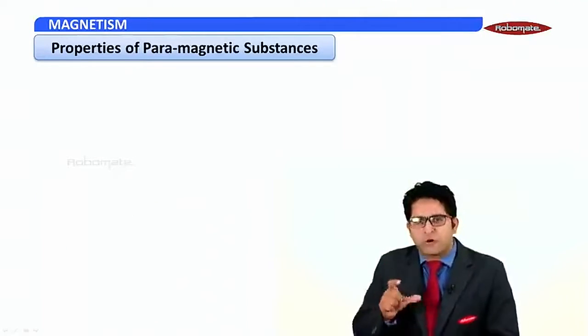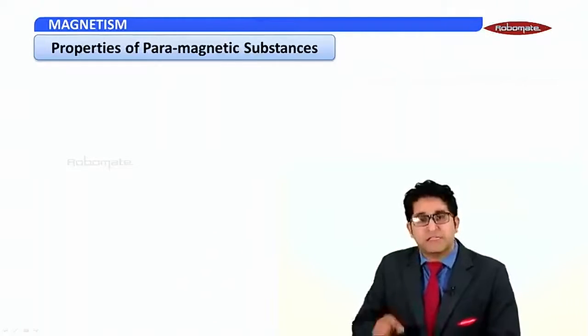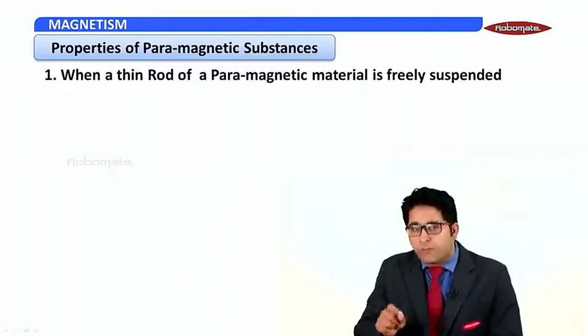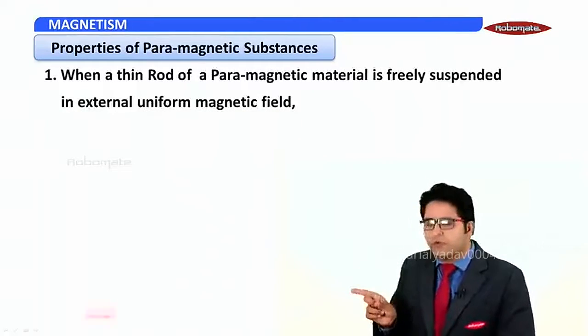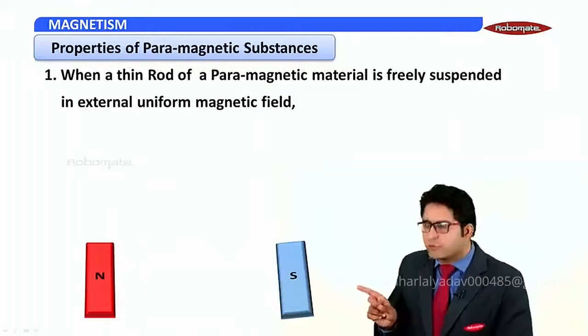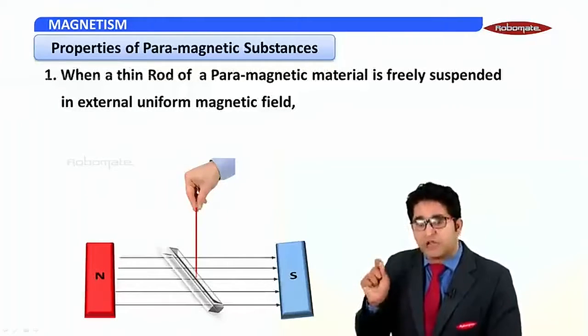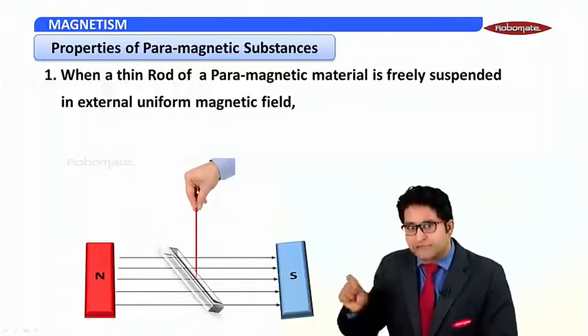If a thin rod of a paramagnetic substance is freely suspended in an external uniform magnetic field, so let's say I'm having a uniform magnetic field between two poles, and inside this field I'm suspending a thin rod of paramagnetic substance.